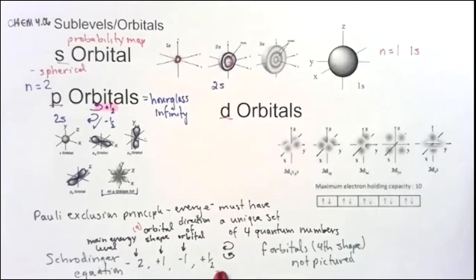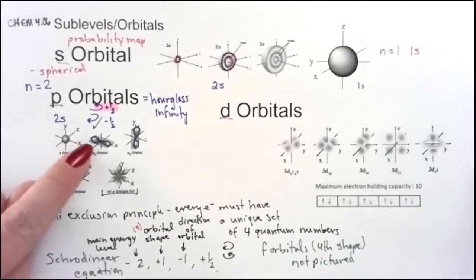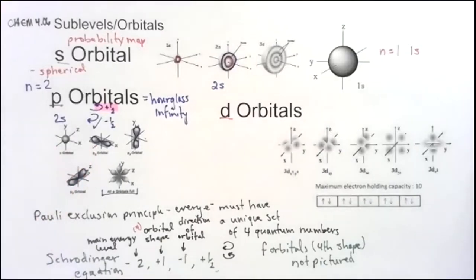Well, those 4 quantum numbers are here, but it correlates to a region in space and the probability of where an electron is going to be.